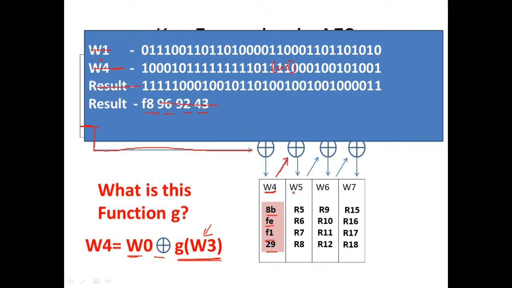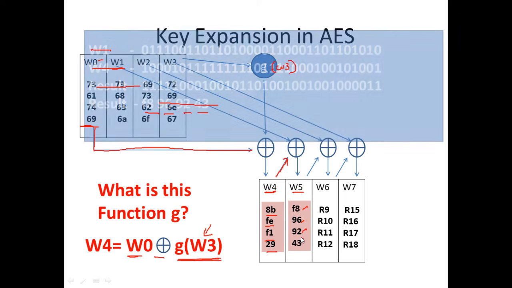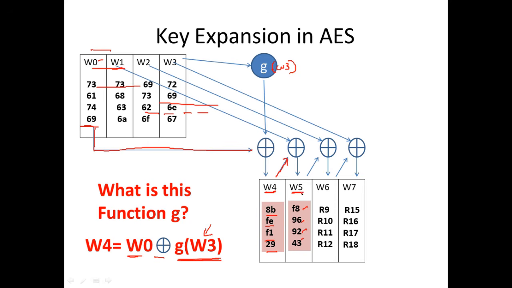The result is nothing but W5. So we have achieved this. Likewise, you take W5, perform an XOR with W2, and you will get the result like this. Likewise, you take W6, perform an XOR with W3, and you're going to get this result.